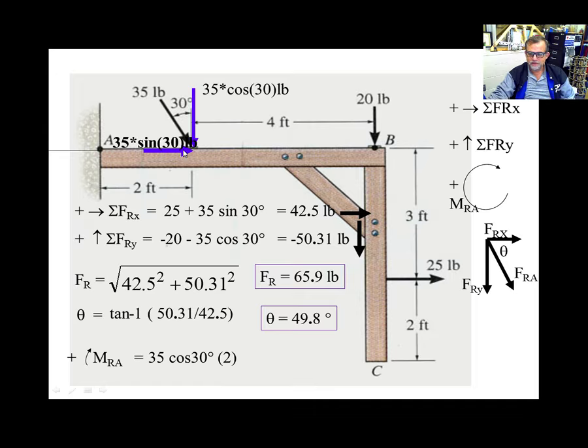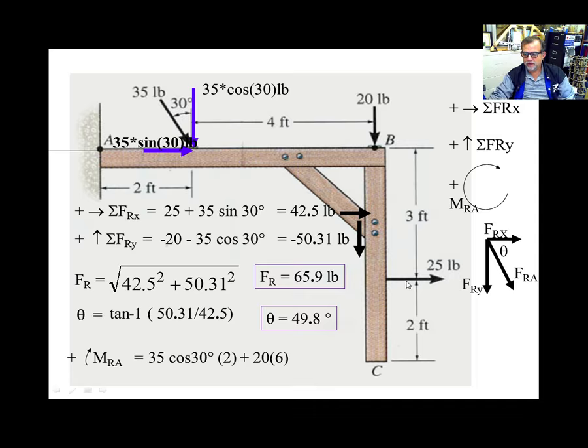Once again, this force passes through the point, so it's not producing anything. Now the other force is this 20, and the force is vertical, so the distance has to be horizontal from here to here. 2 plus 4, 6. What is the direction? If I put my finger over there and I put a pin and I apply this, it's going to rotate also in the same positive direction that I assumed before.